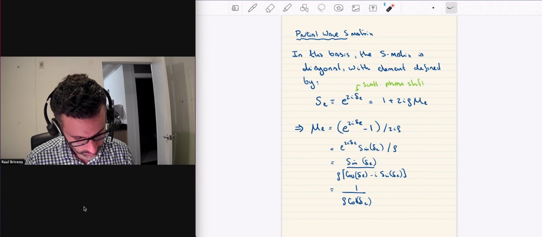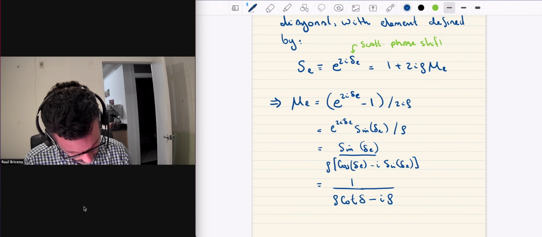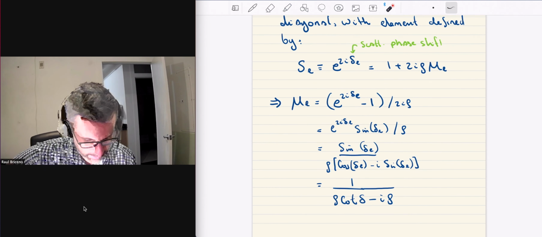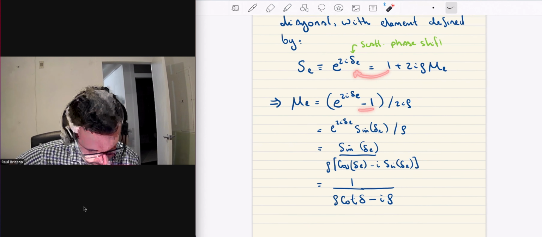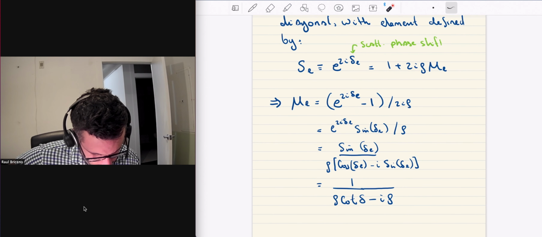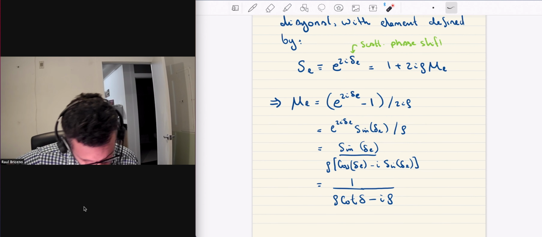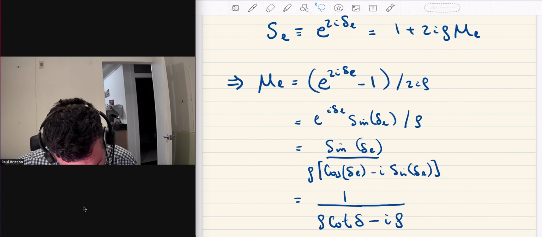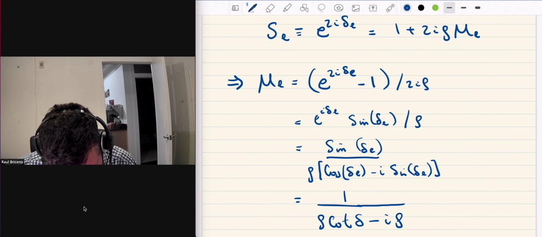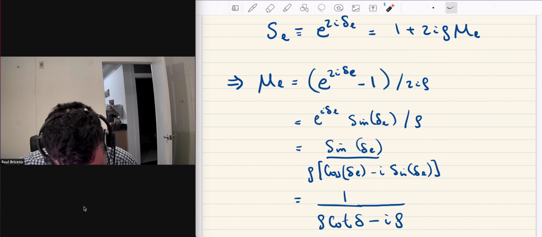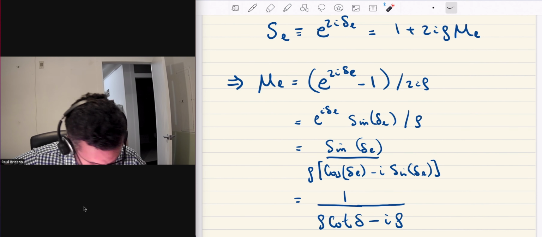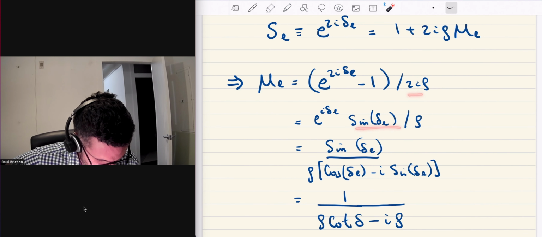All right. And so it's just algebra at this point, right? I subtract 1 from both sides, I divide by 2i rho over here. I can pull out a phase, so I can rewrite this as e to the i delta times something that looks like a difference of e to the i delta and e to the minus i delta, divided by 2i, that's equal to sine delta.